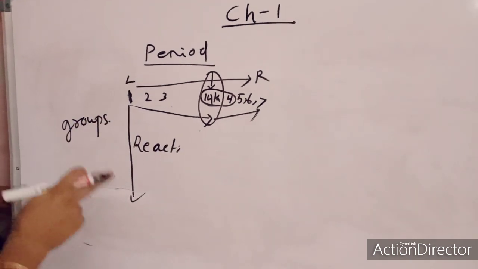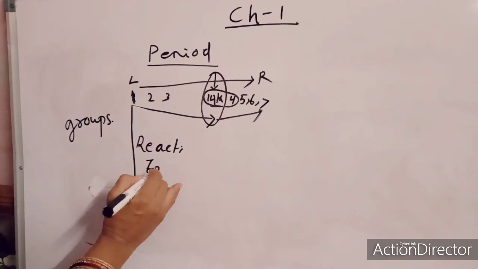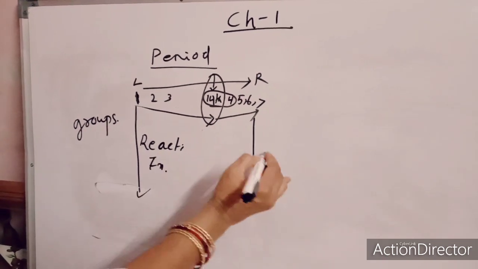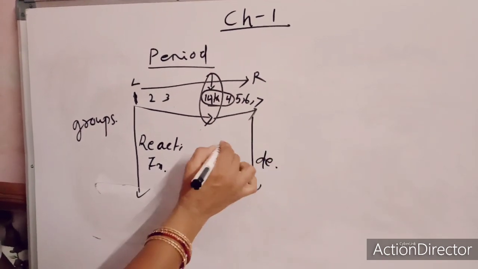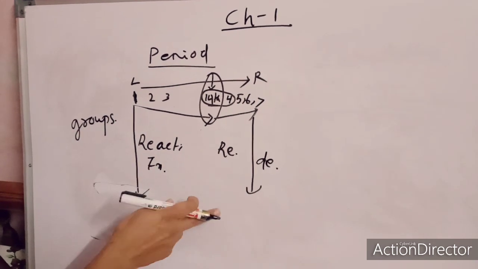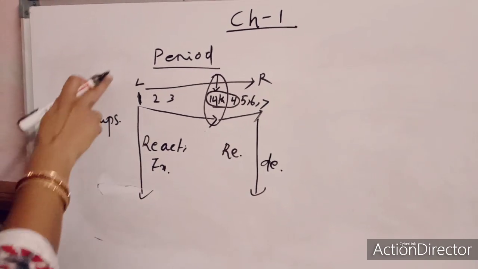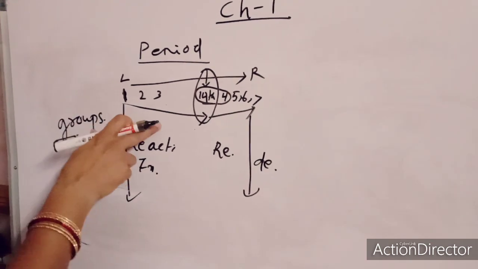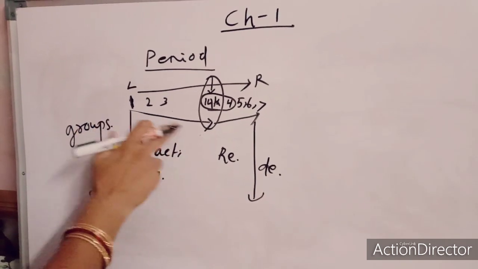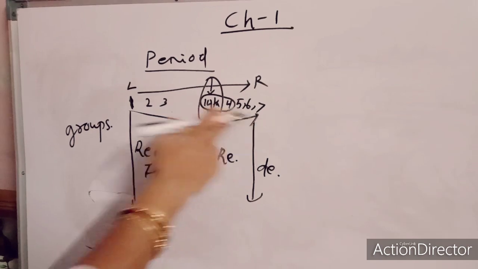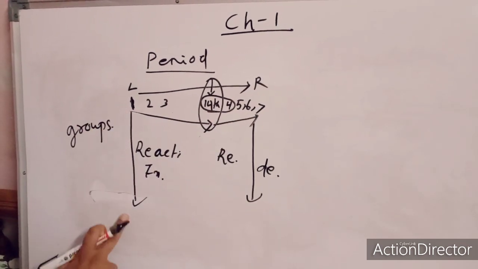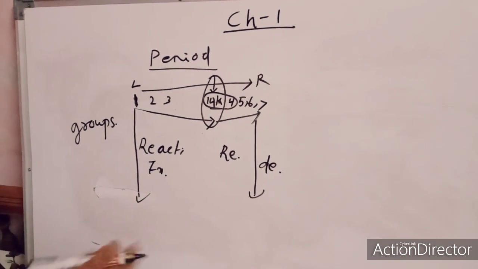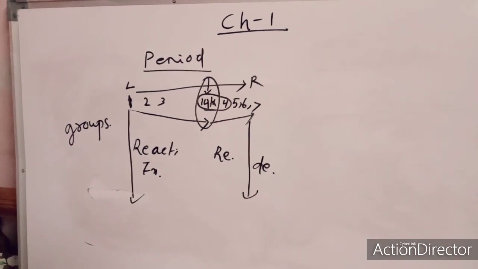But on the right side, the tendency to gain electrons decreases, so reactivity decreases. Again, chemical reactivity decreases up to the 14th group, then it increases, and it goes on increasing on the left side and decreasing on the right side. So this is about chemical reactivity.